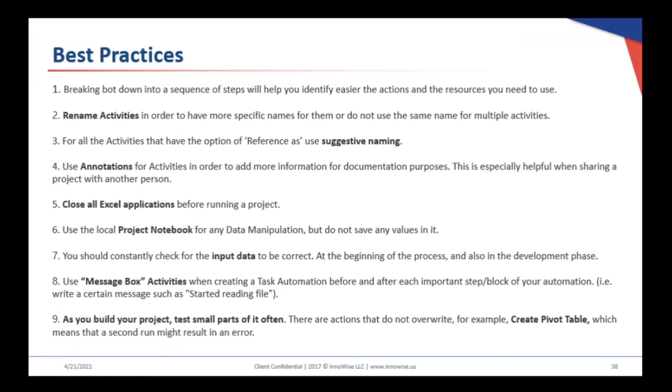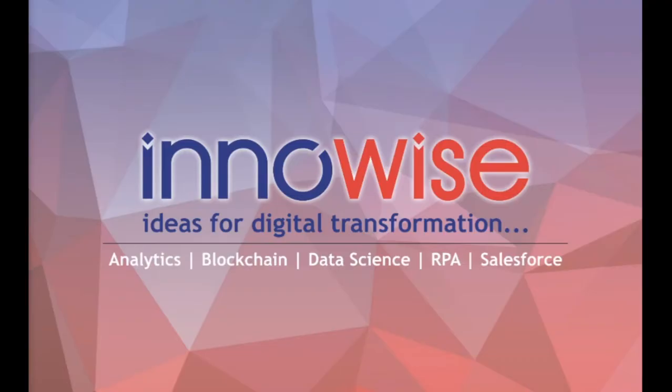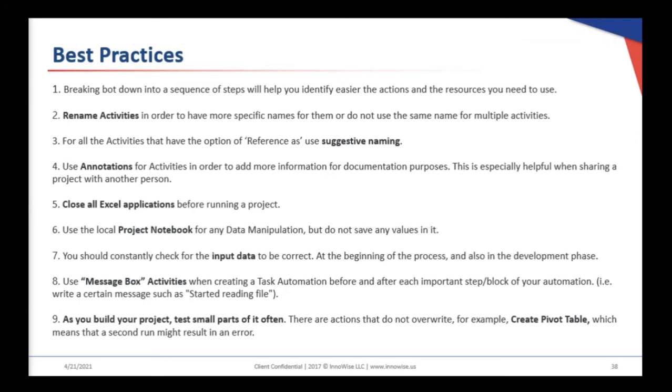Okay, then comes suggestive namings. Whenever we use the same activity a lot, maybe modify text 10 times, we make sure that we rename them. For example, if first we have to replace the hyphen text, I'll rename it modify text hyphen. Then when I have to replace commas, I will rename it modify text commas.